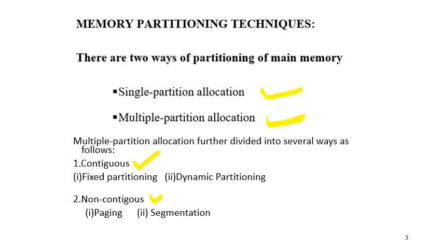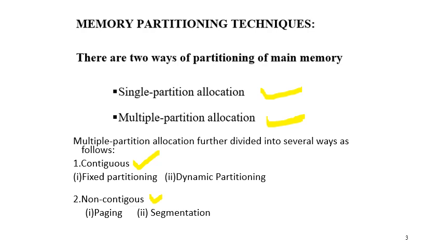The contiguous technique is further divided into two subways: one is fixed partition and the second is dynamic partition. In fixed partition, main memory is divided into a number of static partitions at system generation time. A process may be loaded into a partition of equal or greater size, so the maximum number of active processes is fixed.